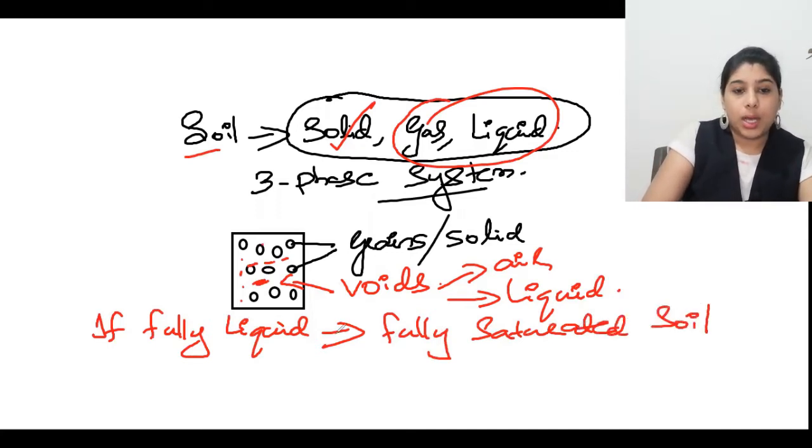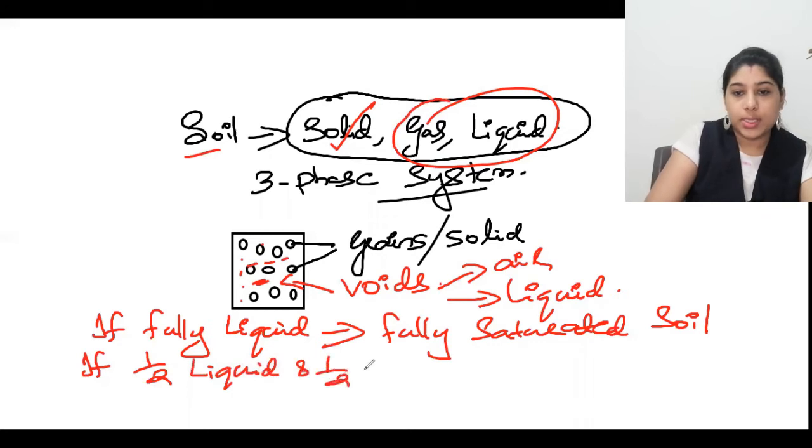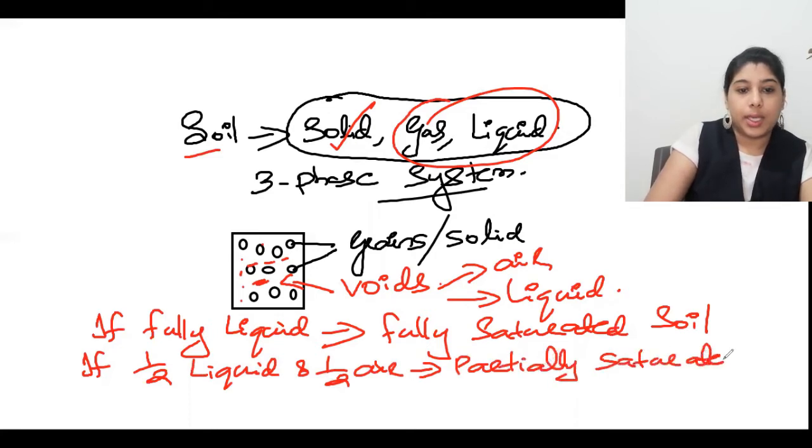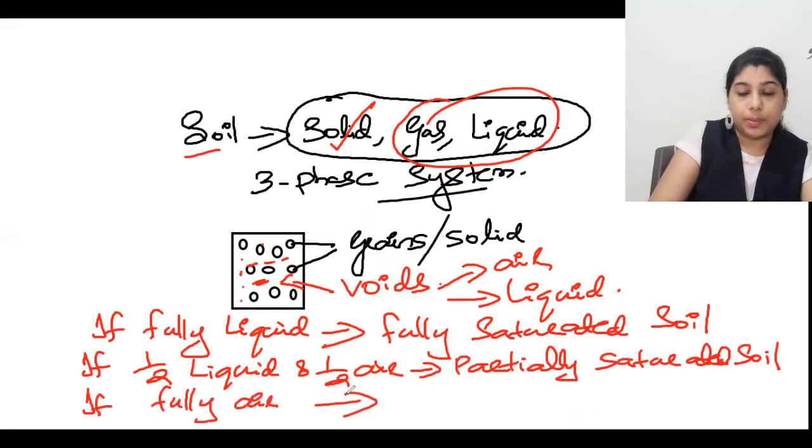If it is half liquid and half air, we call it partially saturated soil. If it is fully composed of air, what do we call it? It is dry soil.